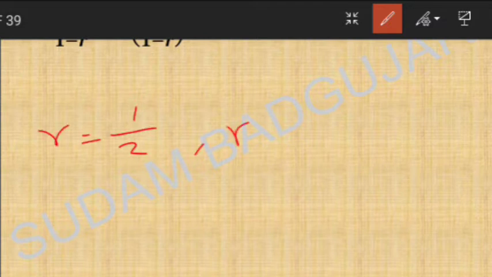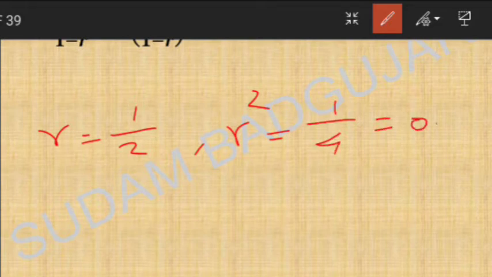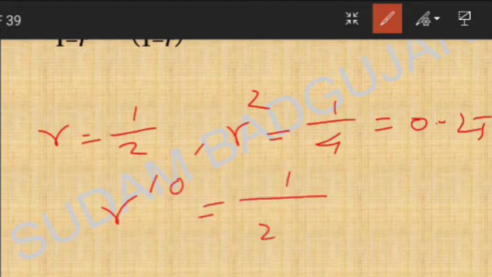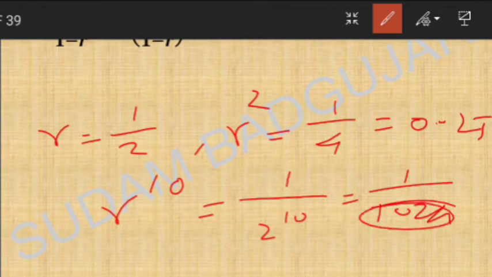Then R squared is 1 by 2 the whole squared, that is 1 by 4, equal to 0.25. Suppose R raised to 10, that is 1 upon 2 raised to 10, which is 1 upon 1024. Then this becomes a very small number, less than 0.2.